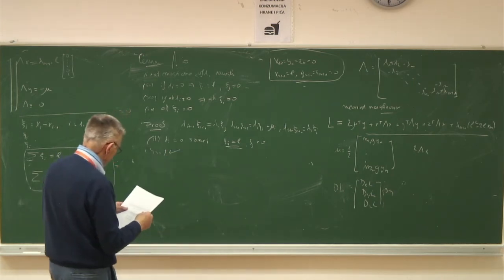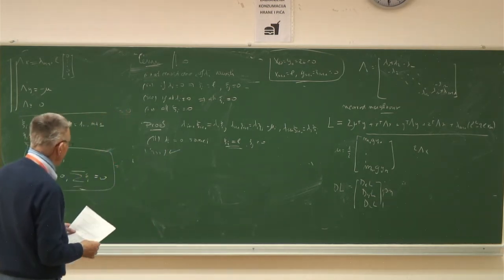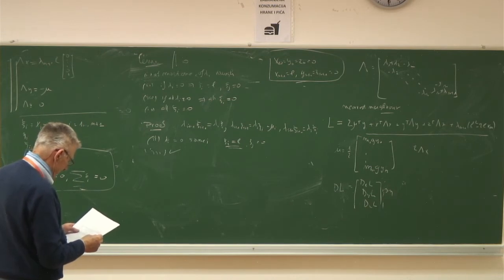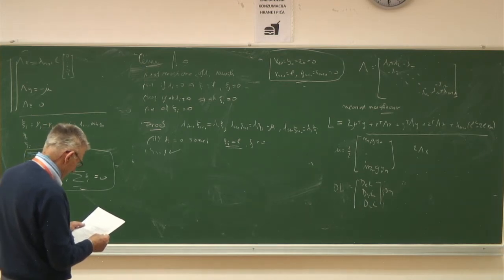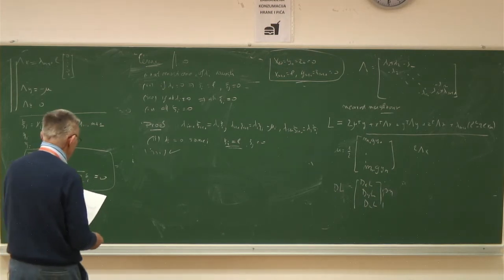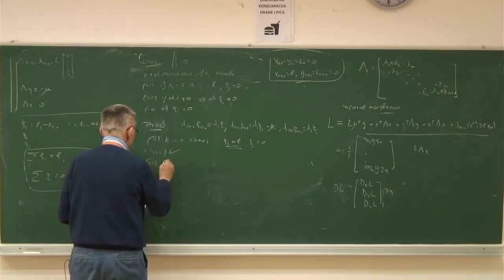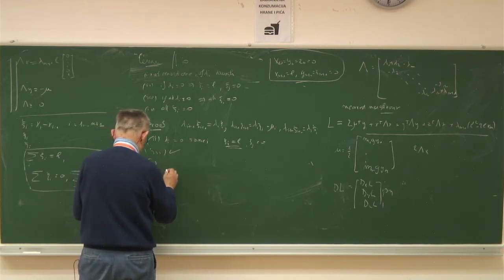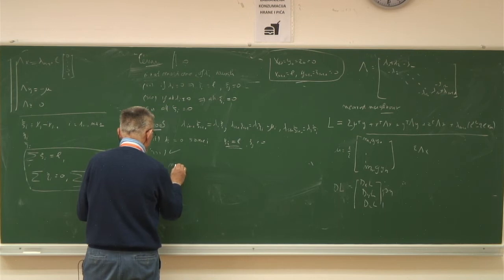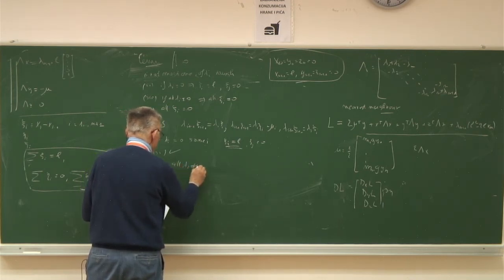And now comes the last one. The zeta's must be 0. So we here distinguish two cases. First case, all lambda_i different from 0.